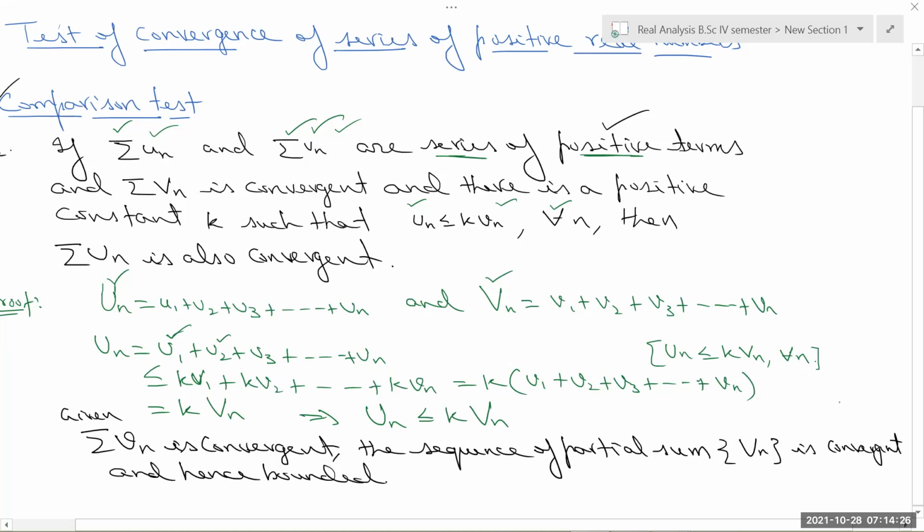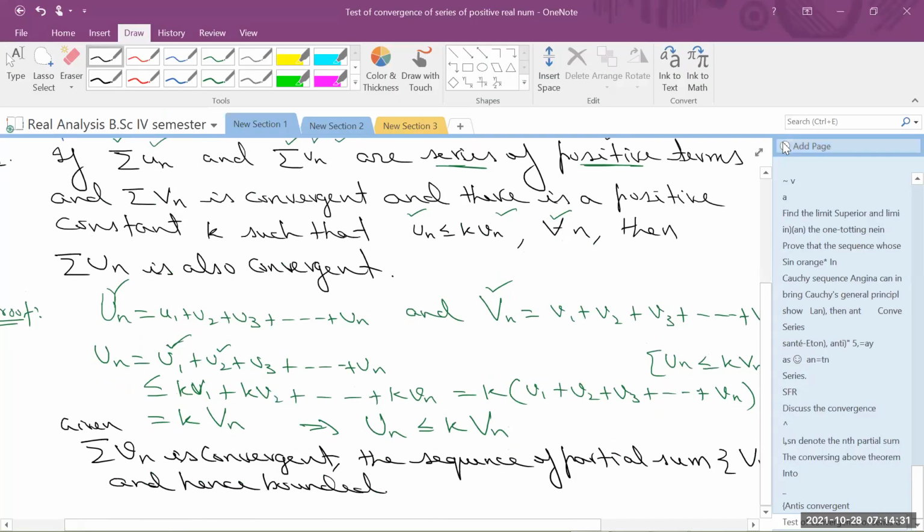Let me go to the next page. Since it's bounded, this implies that there exists a positive number, say k naught, such that capital Vn is less than k naught for every n, because this sequence is bounded.